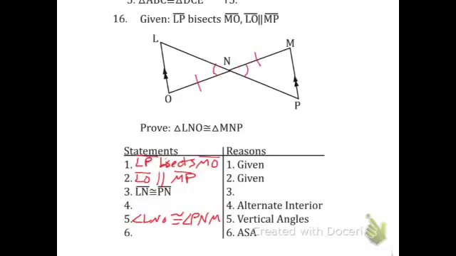Hold on one second. So again, this little statement here is not something we've really gone over before, but since LP bisects MO, and these are both diagonals in a little pretend parallelogram that we have here, there's a theorem that says if one diagonal bisects the other, then they're both bisected, and that's a long thing to fit in there.